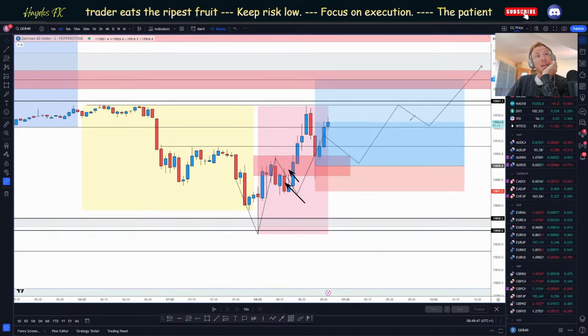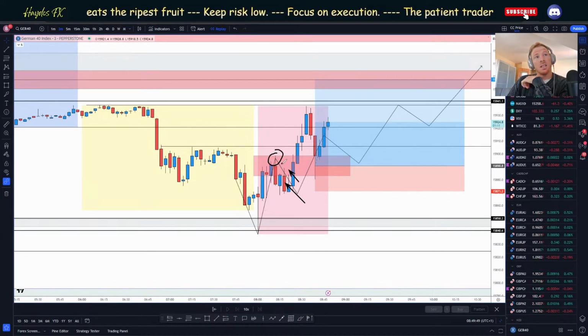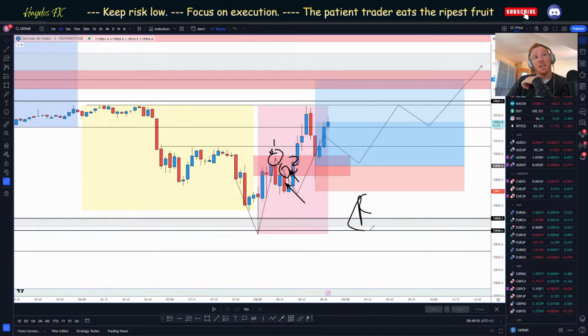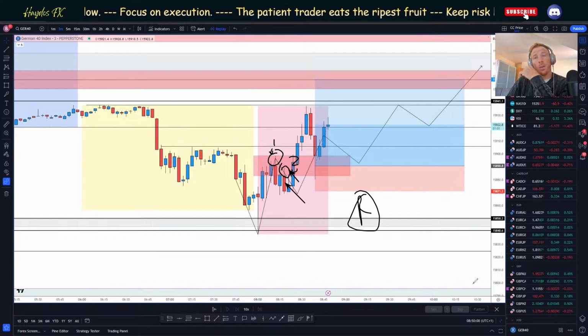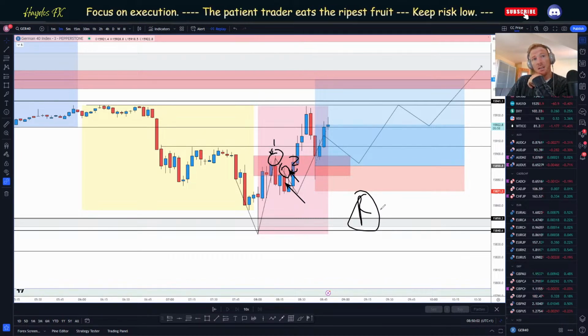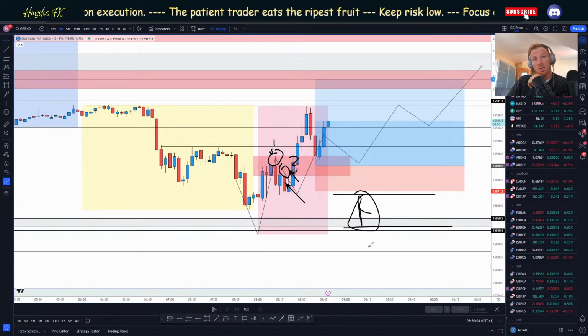I needed this candle and this candle, number one, number two, to form, because this gave me a resistance in the way that I look for resistance. Well, one of the ways I look for resistance.